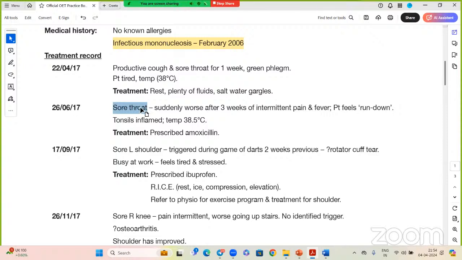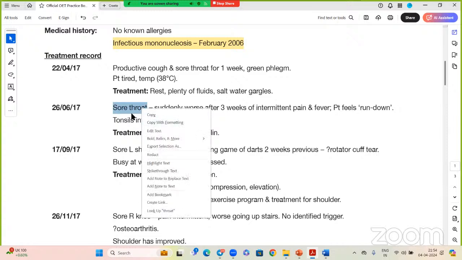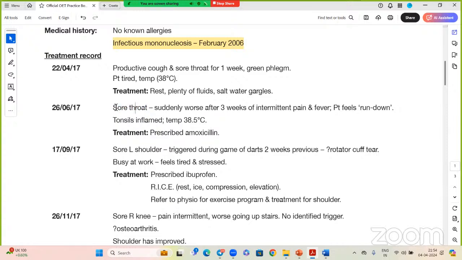So this is it. Sore throat. Then here also sore throat. So we can take 1, 2, 3.